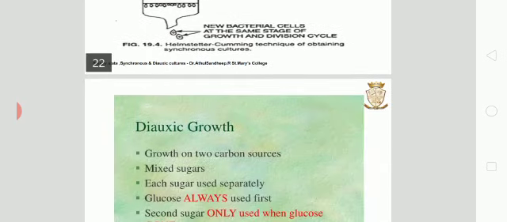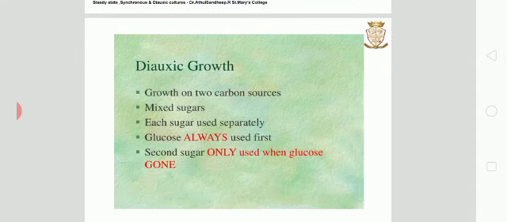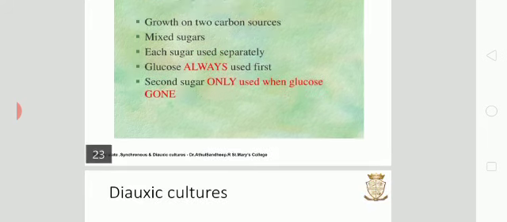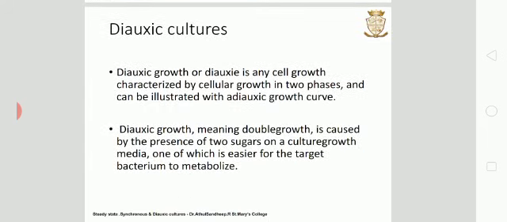Then we move on to diauxic growth. In diauxic growth, there is growth on two carbon sources. With mixed sugars, each sugar is used separately; glucose is always used first, and the second sugar is only used when glucose is gone. Diauxic growth or diauxy is any cell growth characterized by cellular growth in two phases and can be illustrated with a diauxic growth curve.